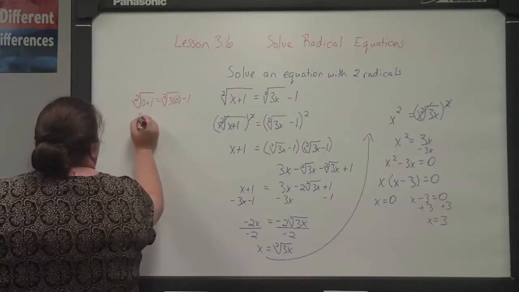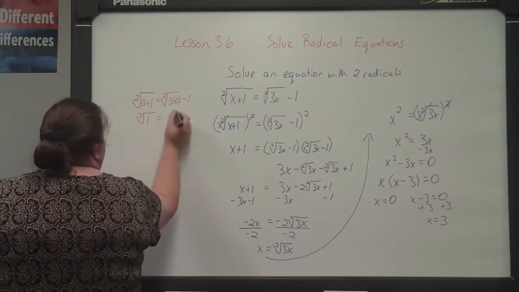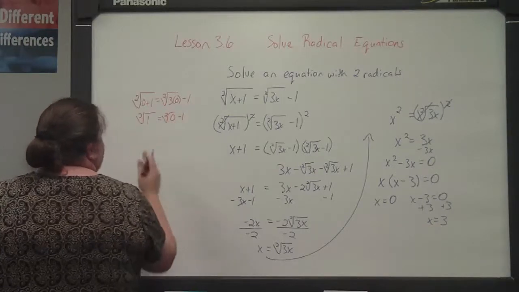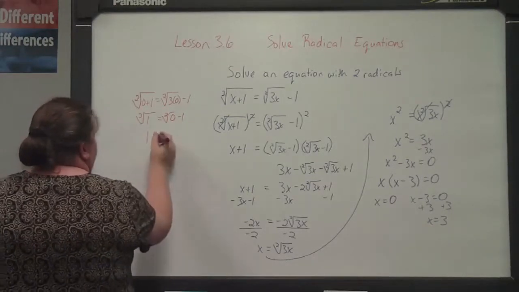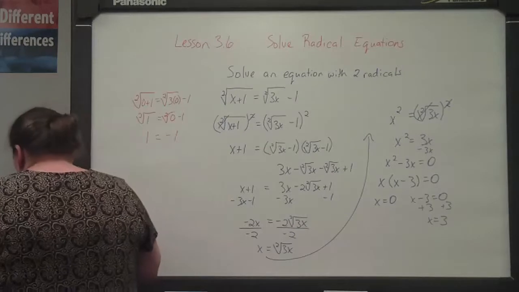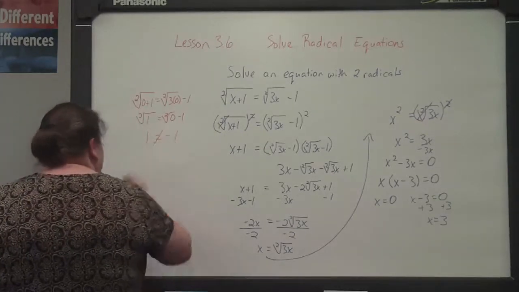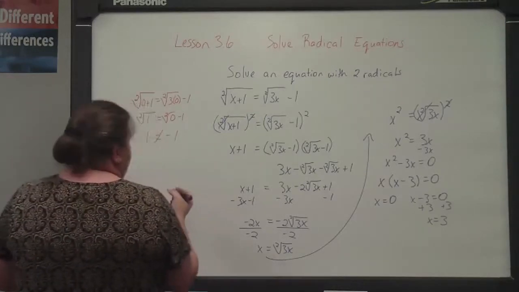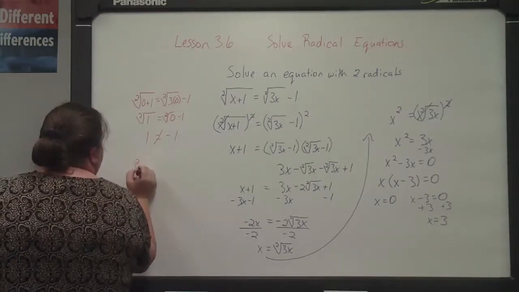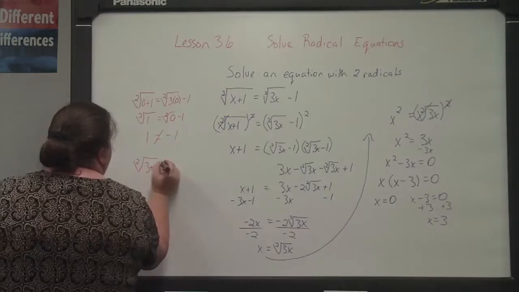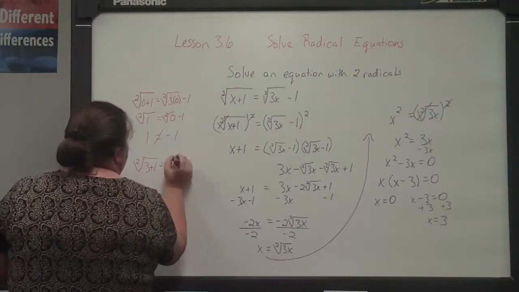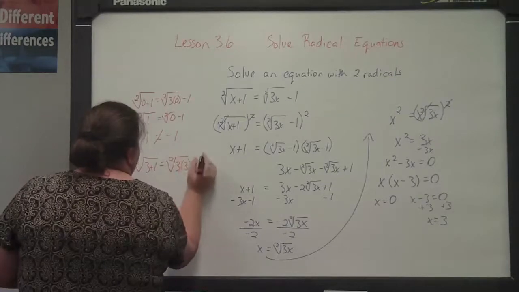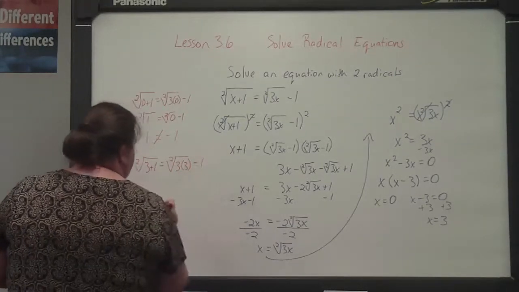So I have the square root of 1 equals the square root of 0 minus 1. The square root of 1 is 1, but that does not equal a negative 1. So therefore, I can put the line through it because it does not equal. So we have to try our 3. The square root of 3 plus 1 equal to the square root of 3 times 3, minus 1.